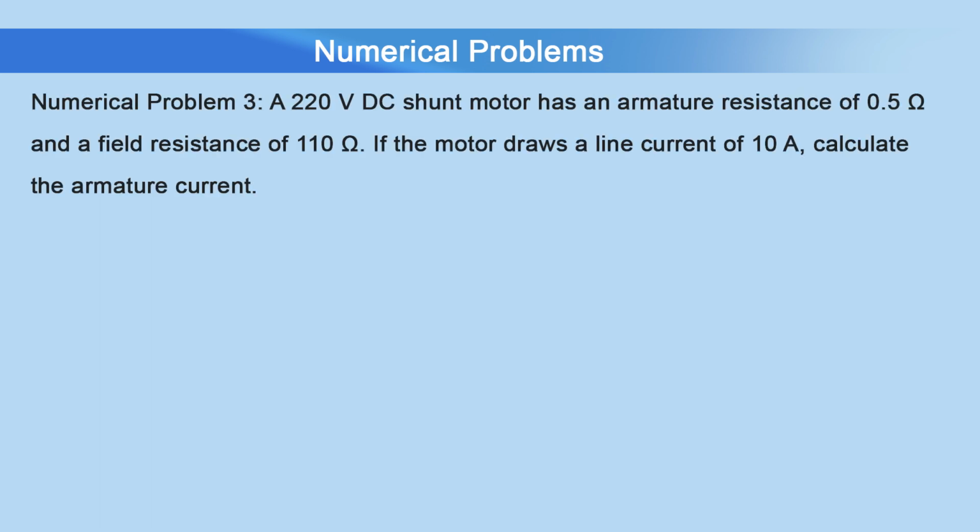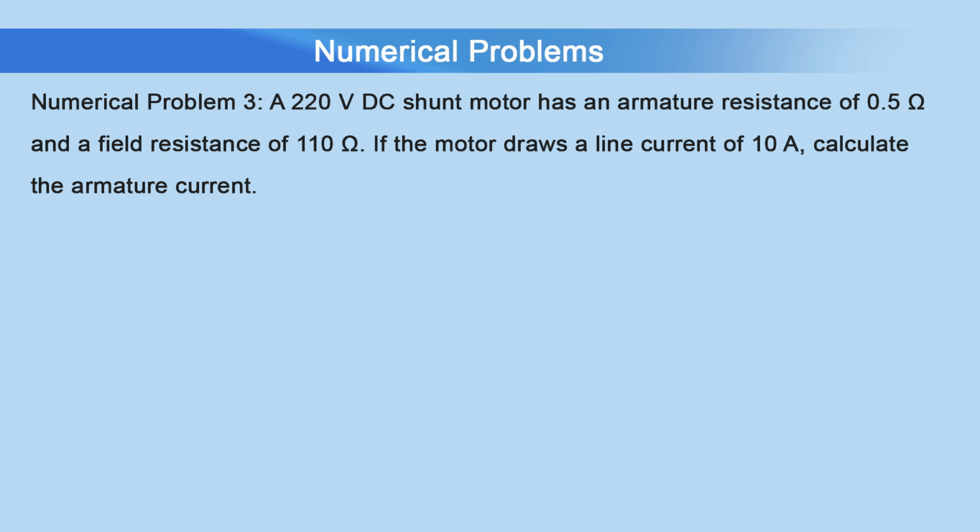Now we will see the third numerical problem, which is also based on the EMF equation, specifically the utilization of back EMF. Here we have to calculate the armature current. A 220 volt DC shunt motor has an armature resistance of 0.5 ohm and a field resistance of 110 ohm.